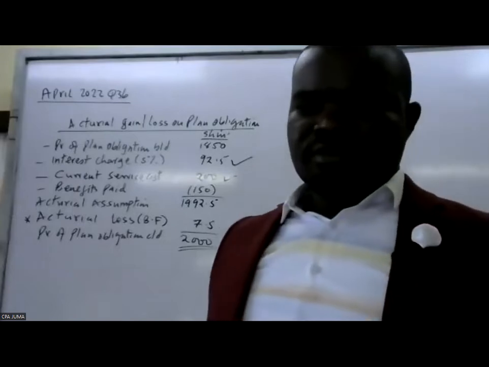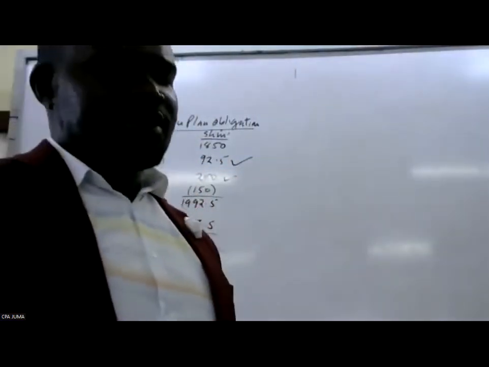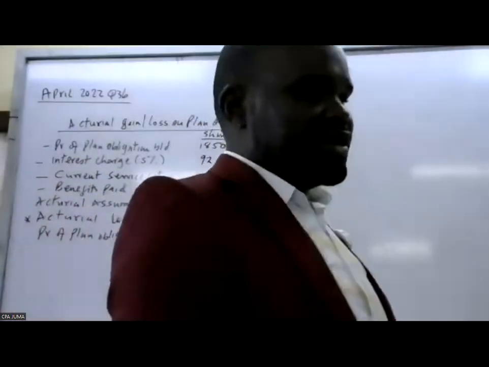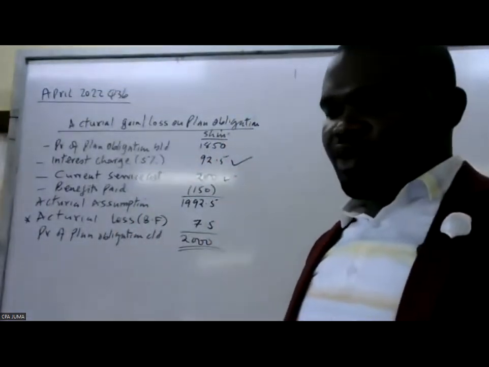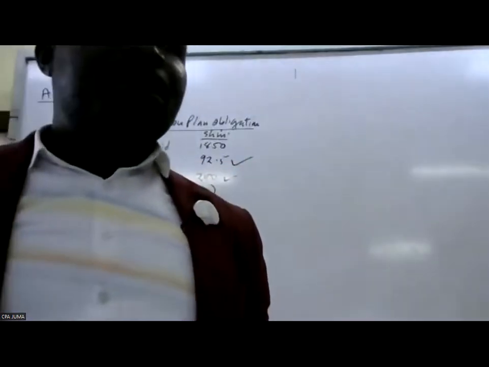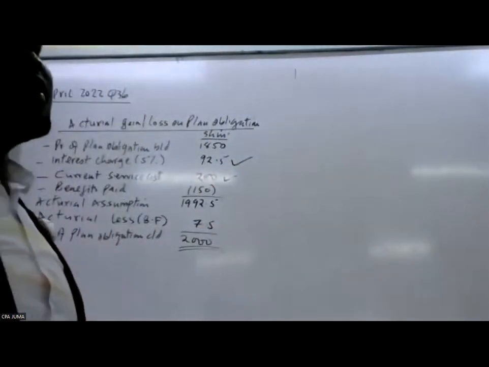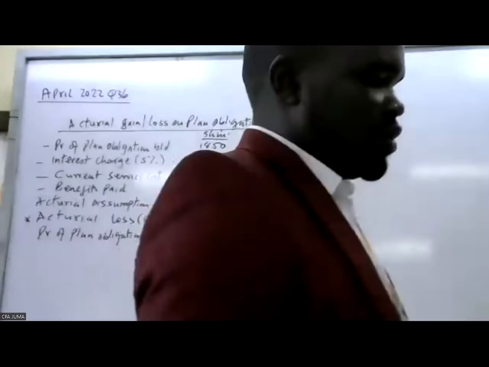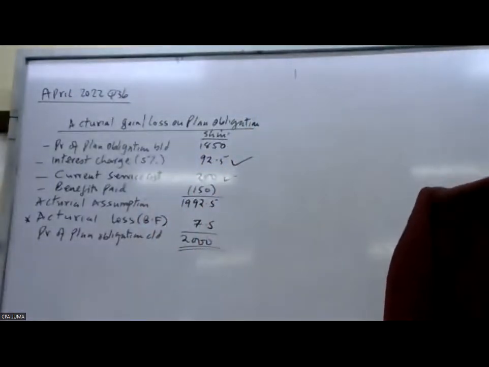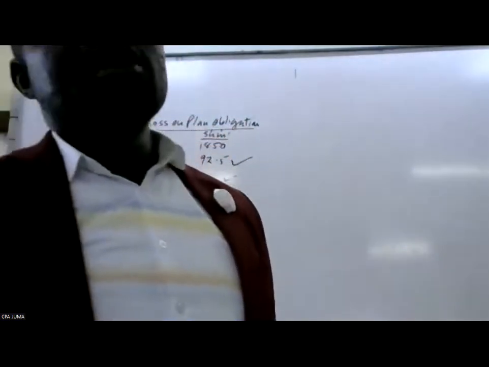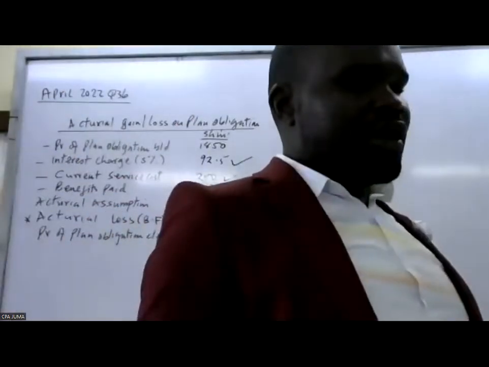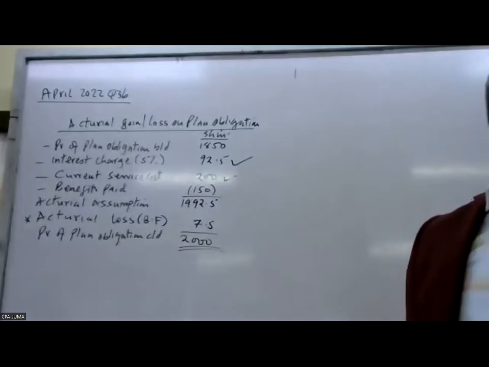You say it comprises the current service costs, past service costs, and gains or losses on curtailments and settlements.